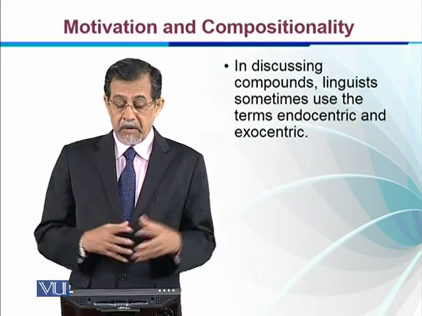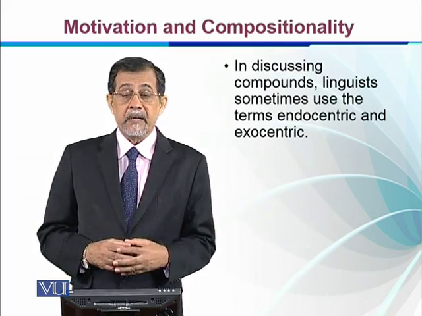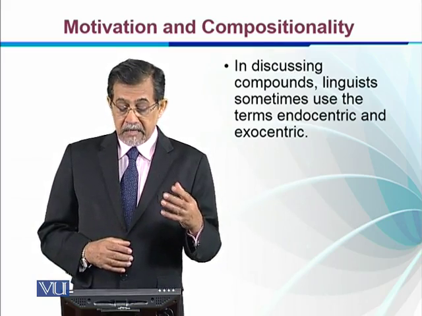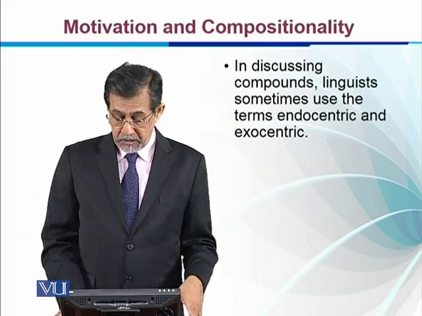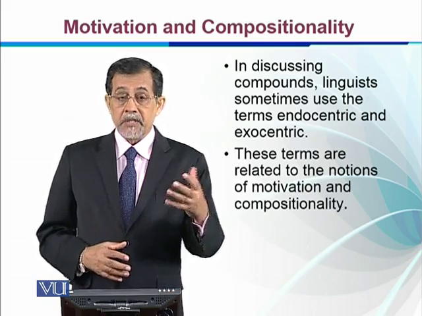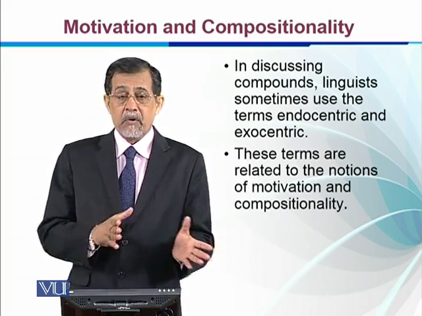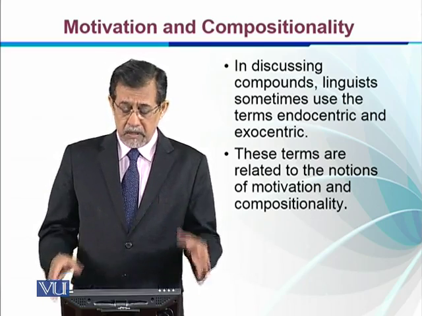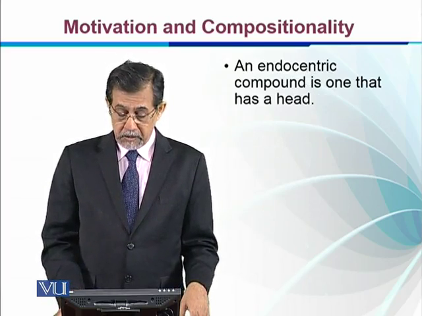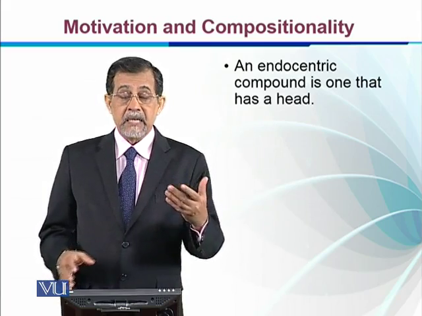In discussing compounds, linguists sometimes use the terms endocentric and exocentric. These are very popular terms, related to the notion of motivation and compositionality, that is, how words are composed, how we compose compounds. An endocentric compound is one that has a head.